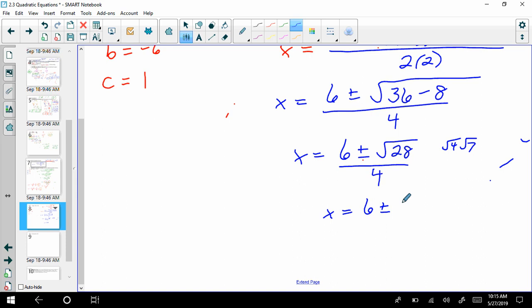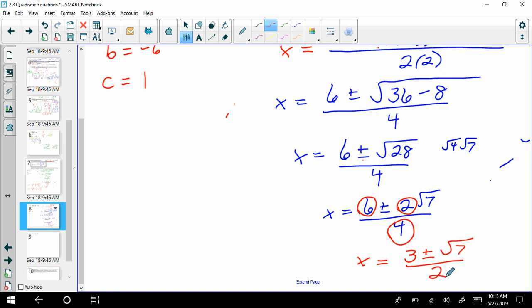So it would become 2 square root 7 all over 4. And the last thing that you could do, because I can do it from all three numbers, I'm going to divide 2. So I get 3 plus or minus 1 square root 7 over 2.